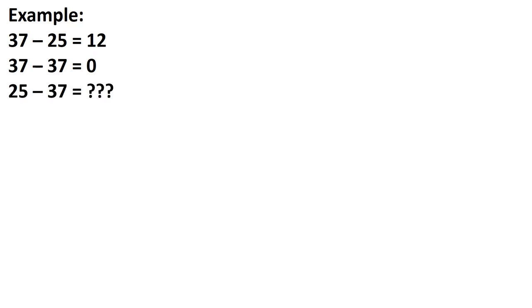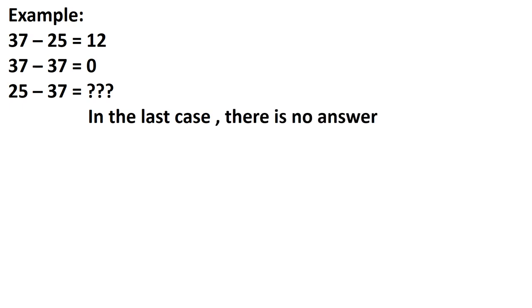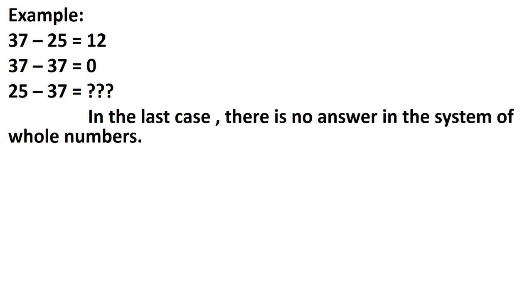But when we do 25 minus 37, then we don't know the answer, because here we are subtracting a greater number from the smaller one, isn't it? See, in the last case, there is no answer in the system of whole numbers. Why?